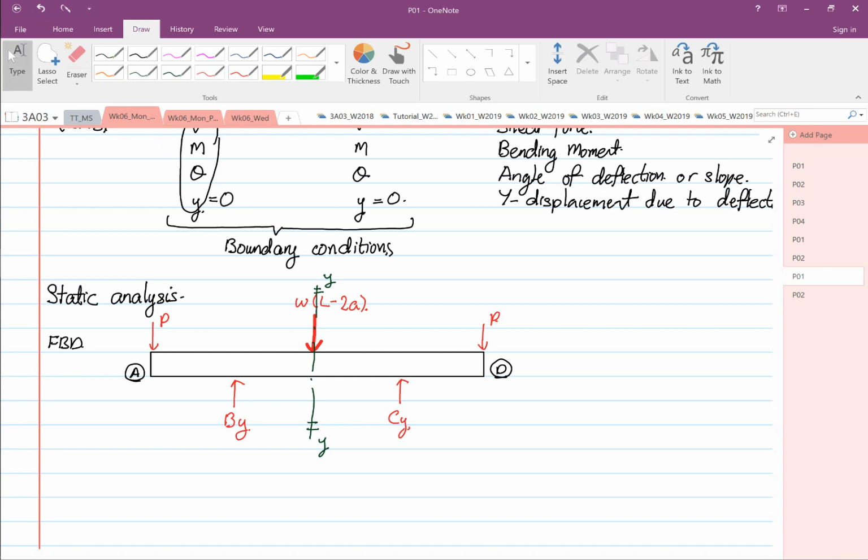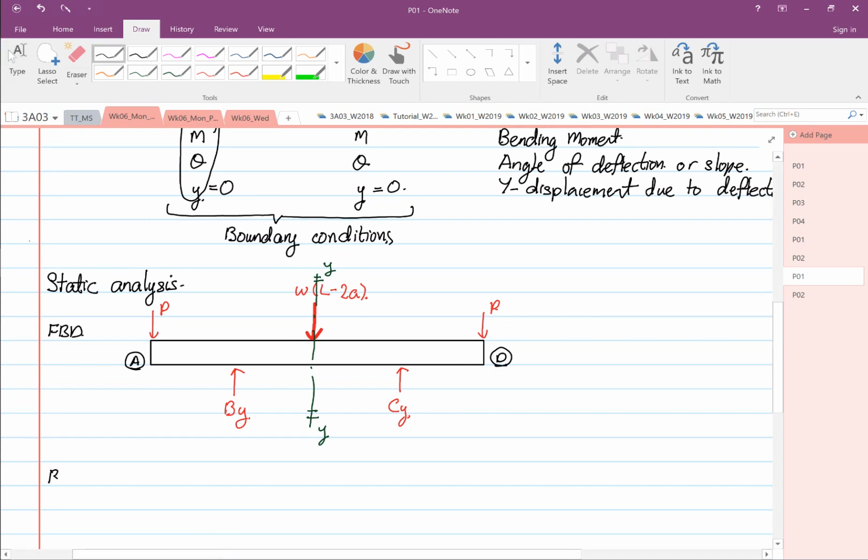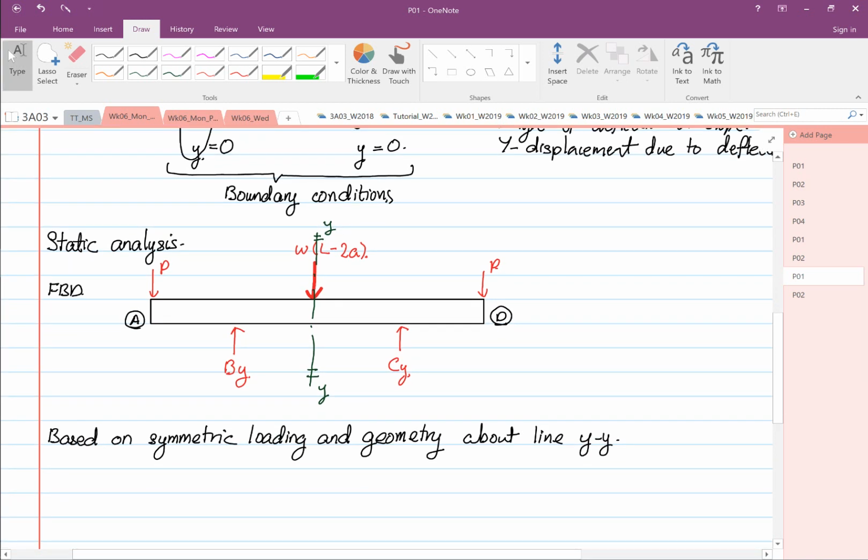So based on symmetric loading and geometry about line YY, we can declare, when symmetry, therefore BY is equal to CY.